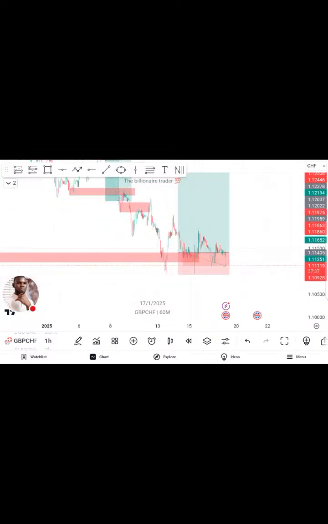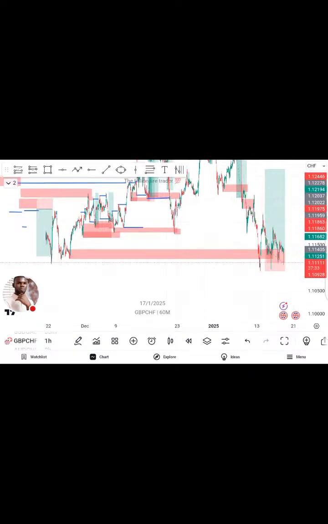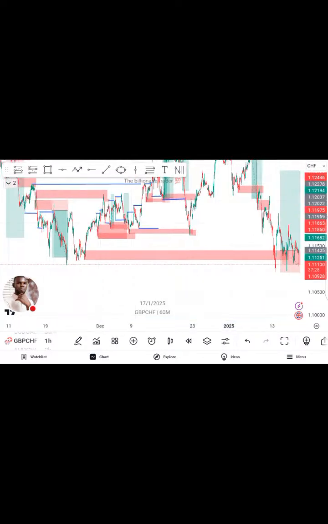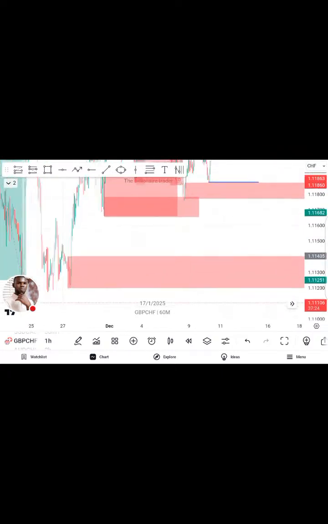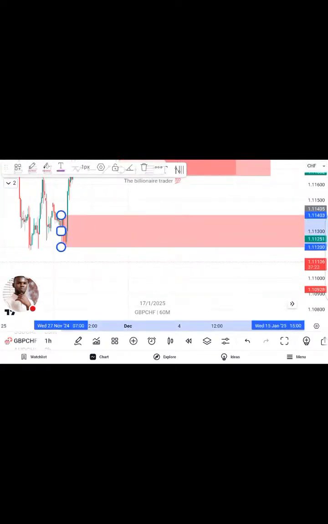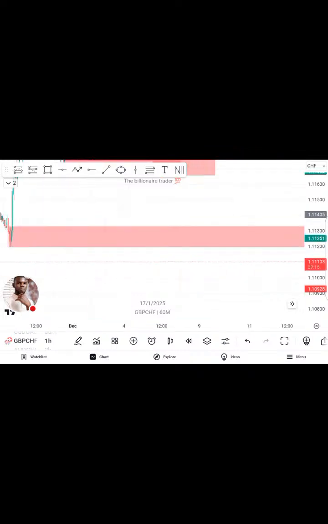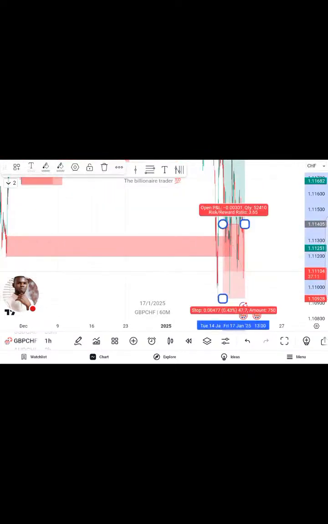The same thing, this low. That demand zone was expected to push price higher, but it was invalidated.